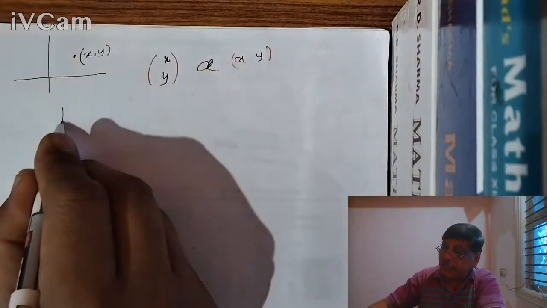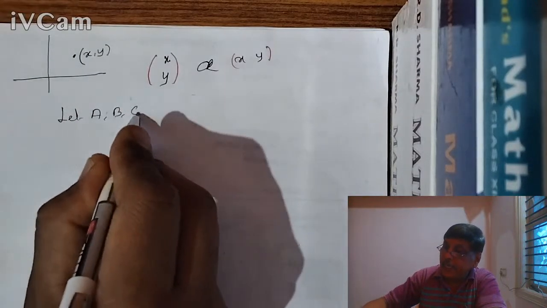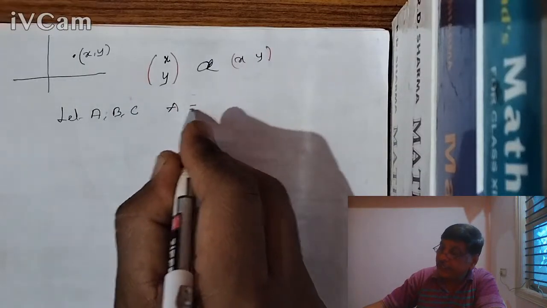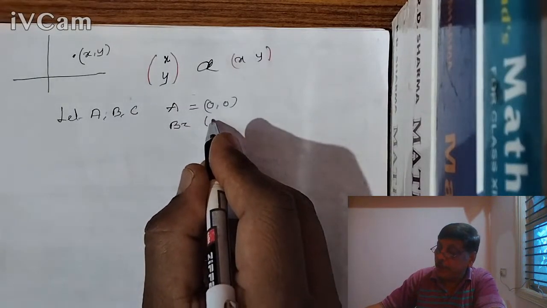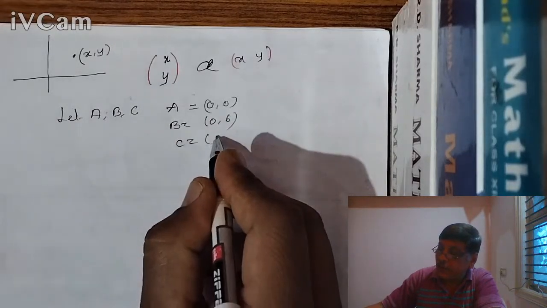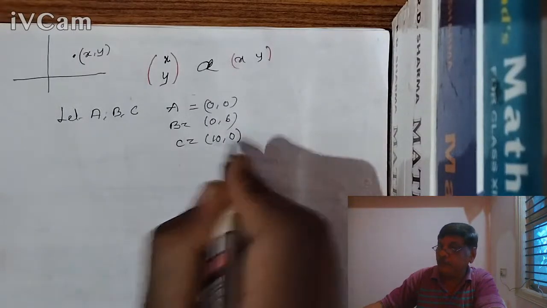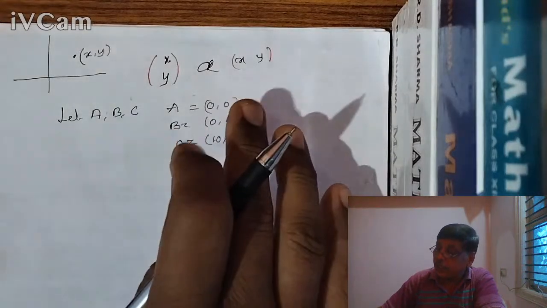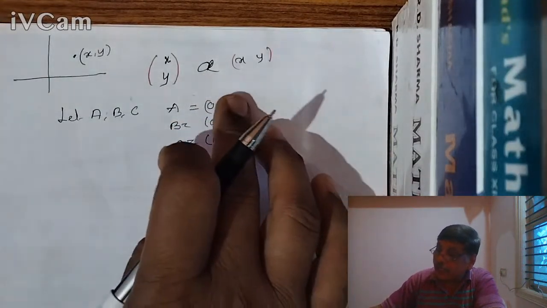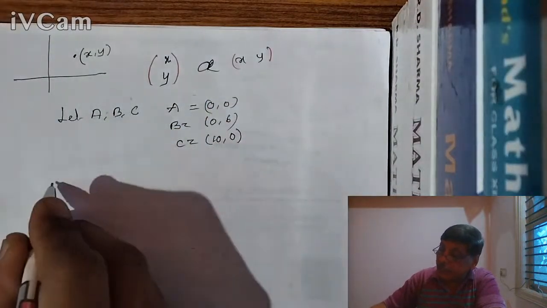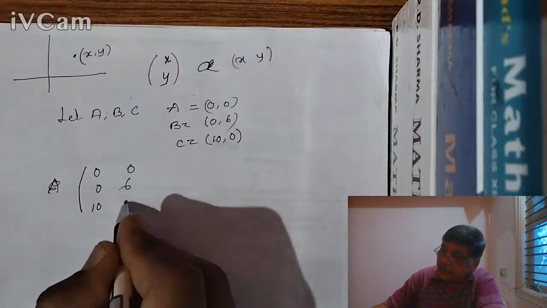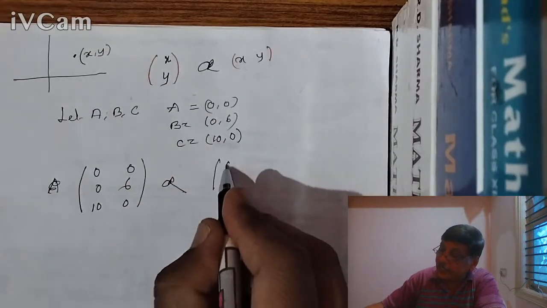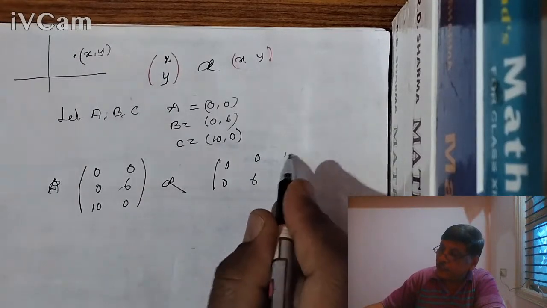Here suppose that let A, B, C be a triangle with vertices A equals 0, 0, B equals 0, 6, C equals 10, 0. The coordinates of a triangle may be represented in a matrix, that is 0, 0, 0, 6, 10, 0, or we can write it as 0, 0, 0, 6, 10, 0.